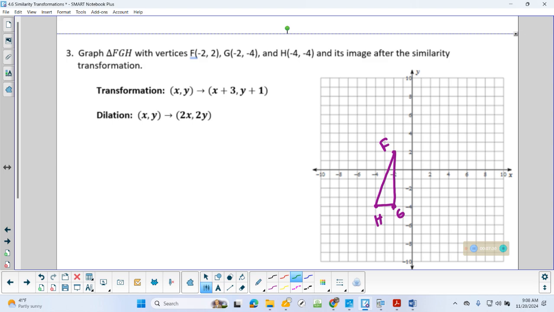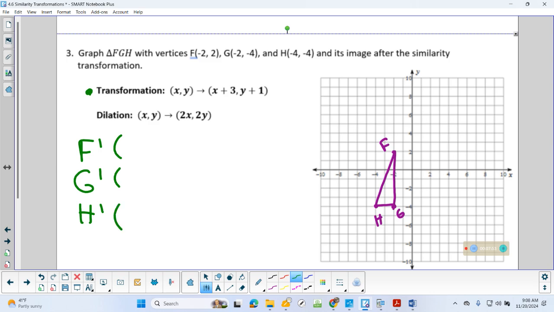Okay, I'm going to do this guy in green. Now, just because we have to do a dilation at the end, I have a feeling I'm going to need the ordered pairs here for my green triangle, so I am going to go ahead and write down F prime, G prime, H prime as we go here. Most of you can look at this and you can just very simply move the triangle.